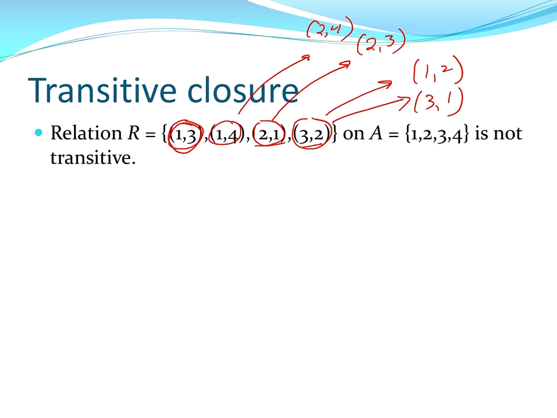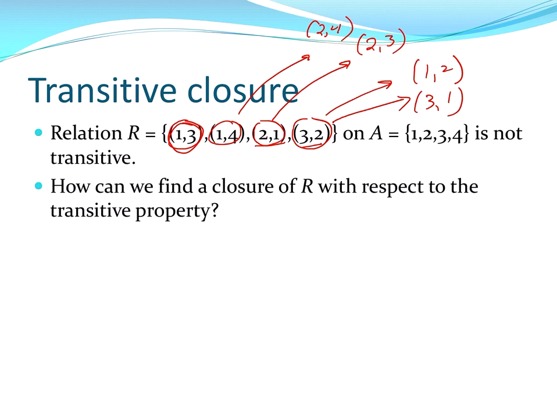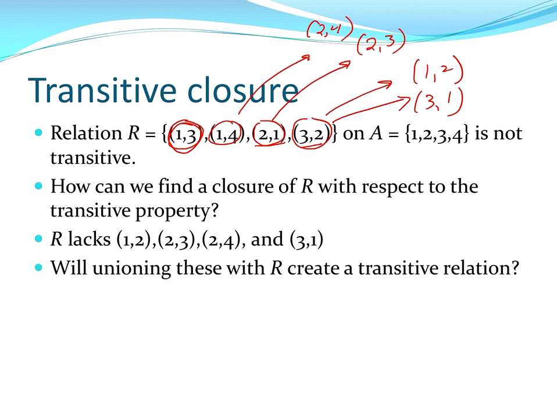Okay, well, let's kind of go through that. How can we find a closure? Maybe we can take those missing elements and union them in. There's the things that it's missing, as we discussed. If I union those to R, will it create a transitive relation?